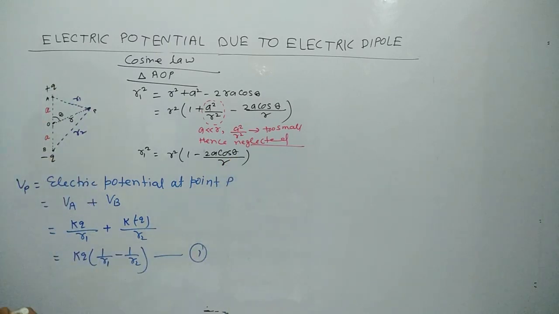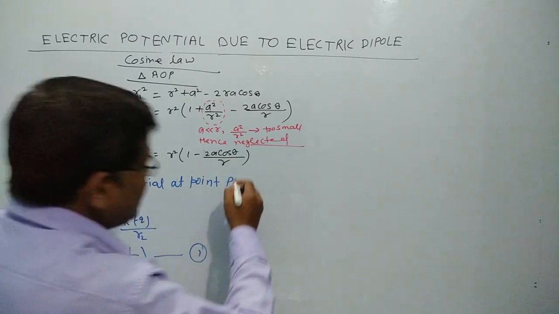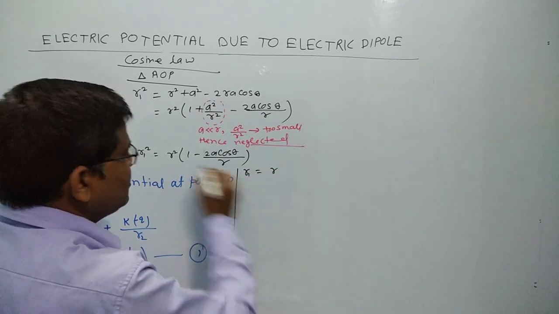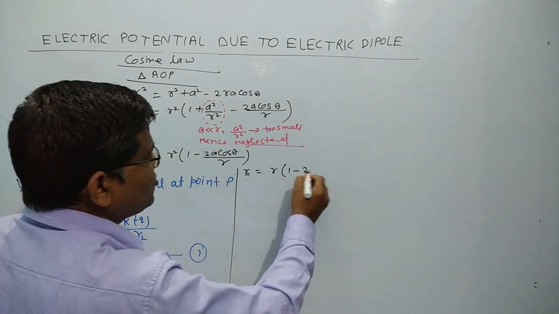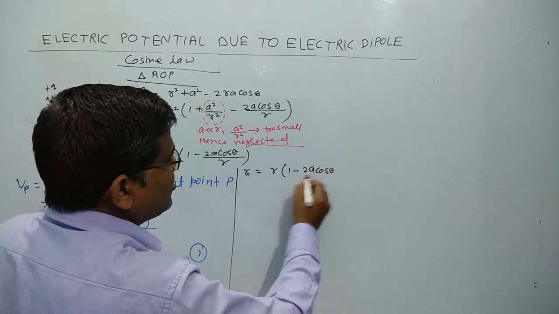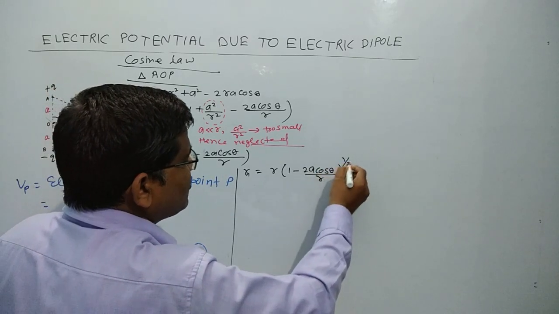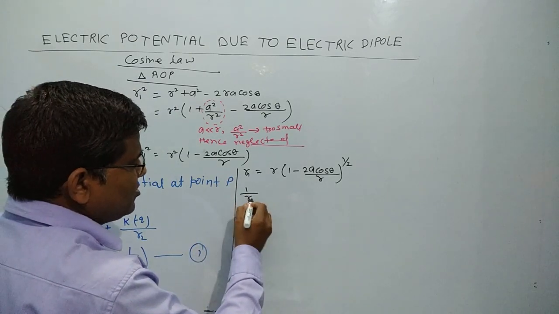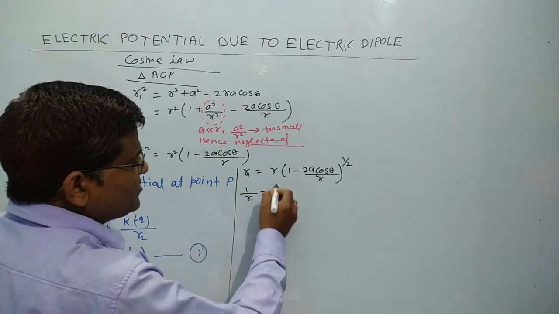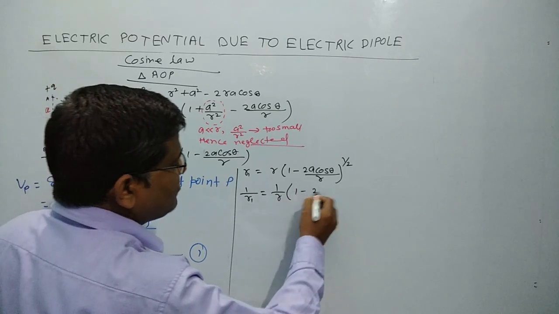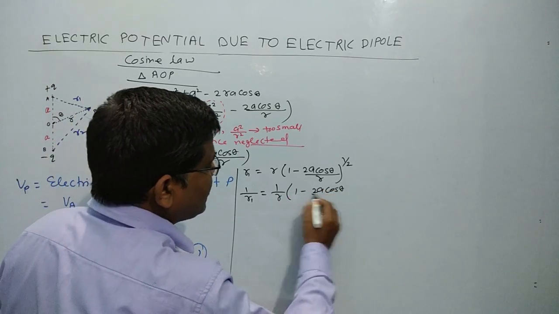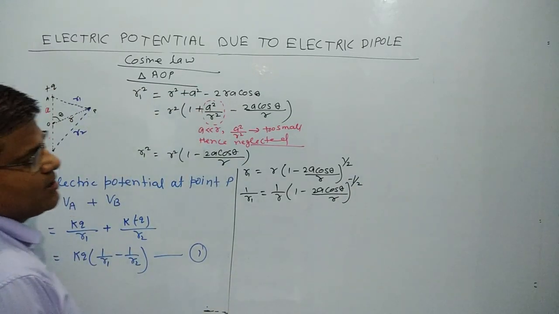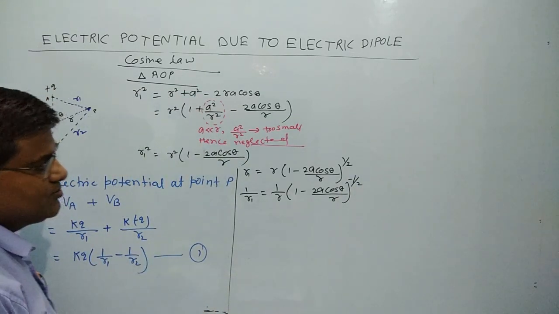So R1 is equal to R times (1 minus 2A cos theta by R) to the power 1 by 2. If we take the reciprocal, it becomes (1 minus 2A cos theta by R) to the power minus 1 by 2.